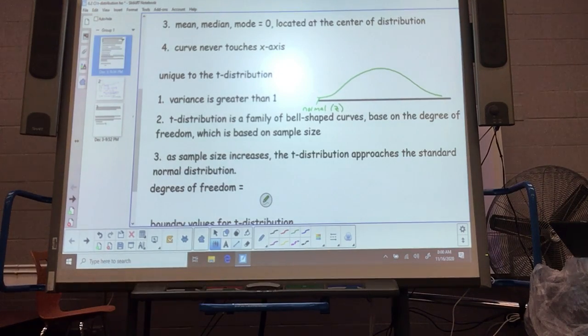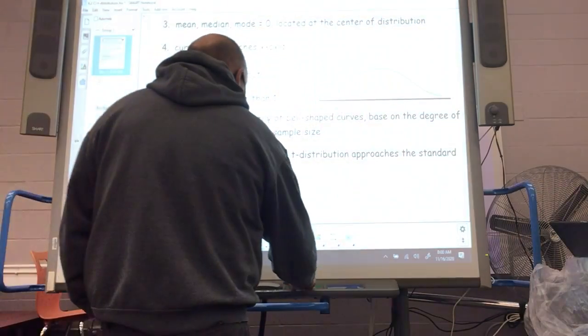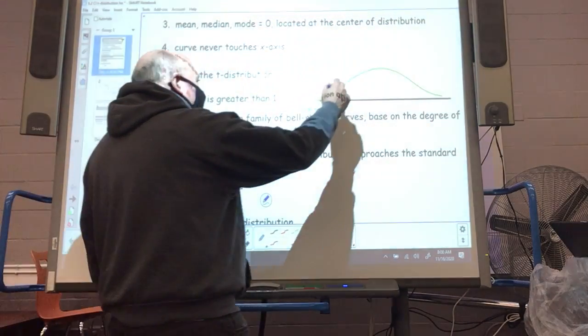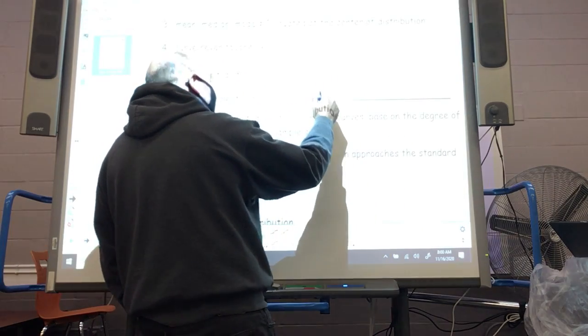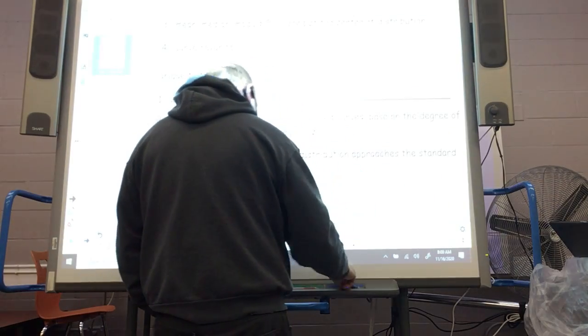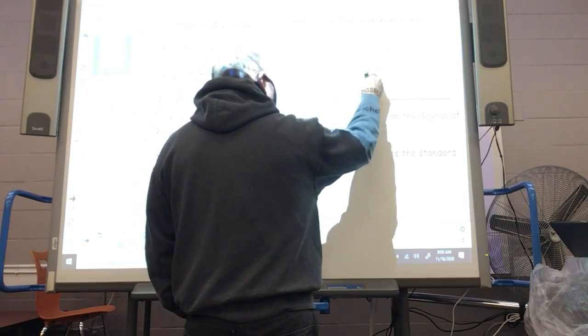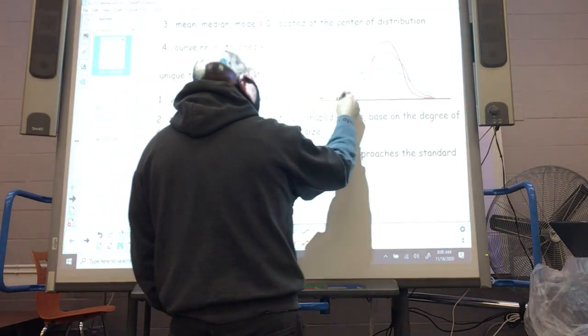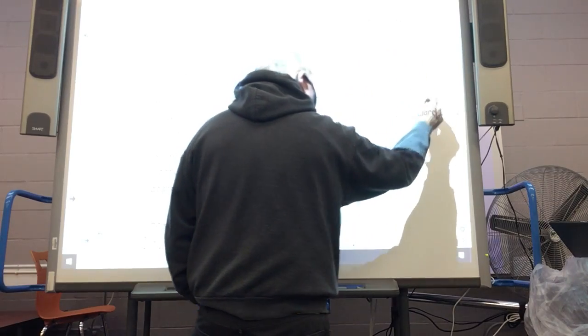This is what we've been dealing with up till now, normal bell-shaped curve. As the sample size decreases, what starts to happen here is the hump on the side of the camel's back starts to get higher and higher and higher.